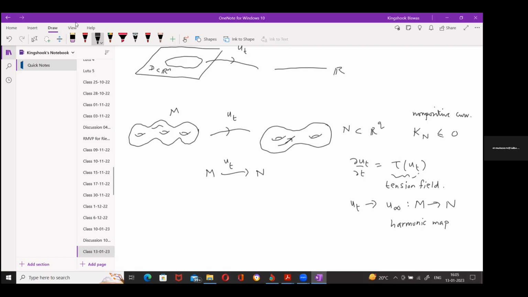That will be a map whose tension field vanishes, so it satisfies some nonlinear Laplacian equal to 0.